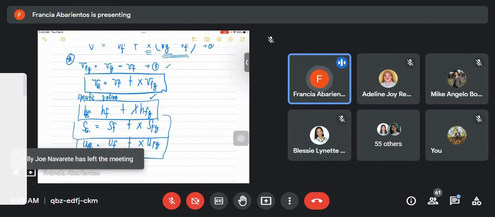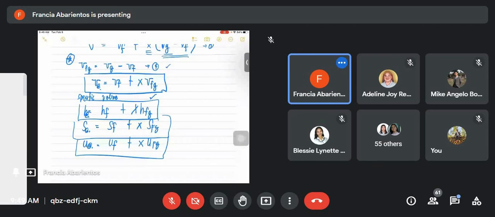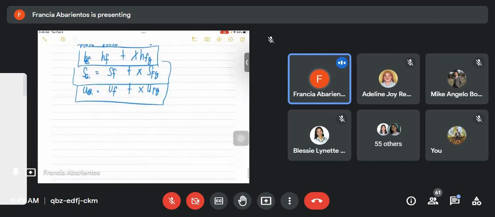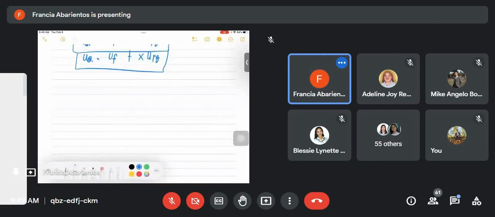So, I think we need to interpolate first. Okay? Isa-isa lang muna yung hanapin natin. Okay, example. Para mas may matutunan kayo today. Isa lang muna hanapin.